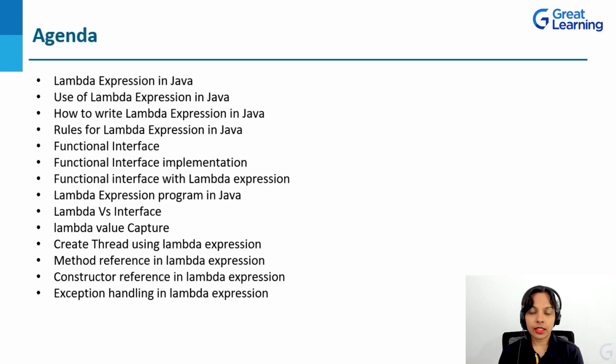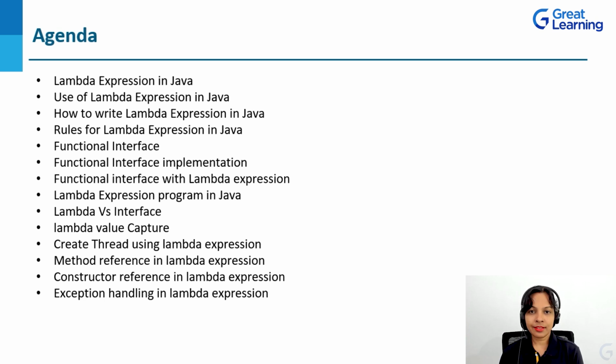As Java is a multi-threading language, using lambda expressions in threads is also important, which we will see with the help of an example code. Lastly, we will talk about method reference and constructor reference in lambda expressions. At the end of the session, I will talk about how you can perform exception handling in lambda expressions.